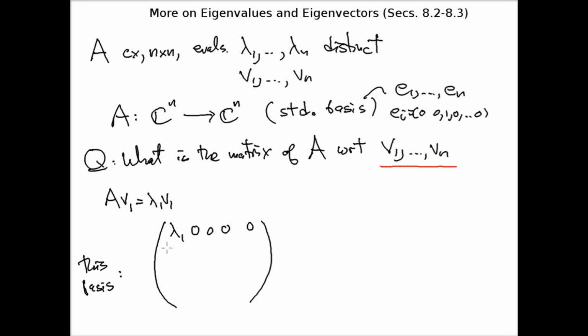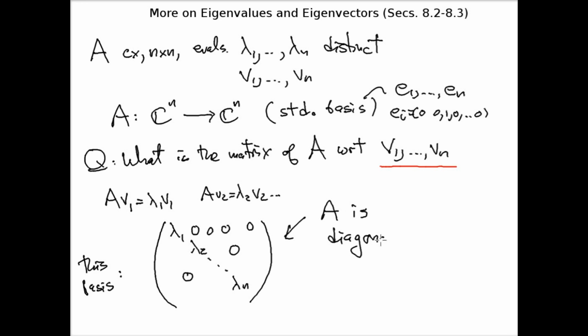And similarly, A v2 is equal to lambda 2 v2 and so on. It's diagonal with these lambdas down the diagonal. So one way to say this is we say that A is diagonalizable.